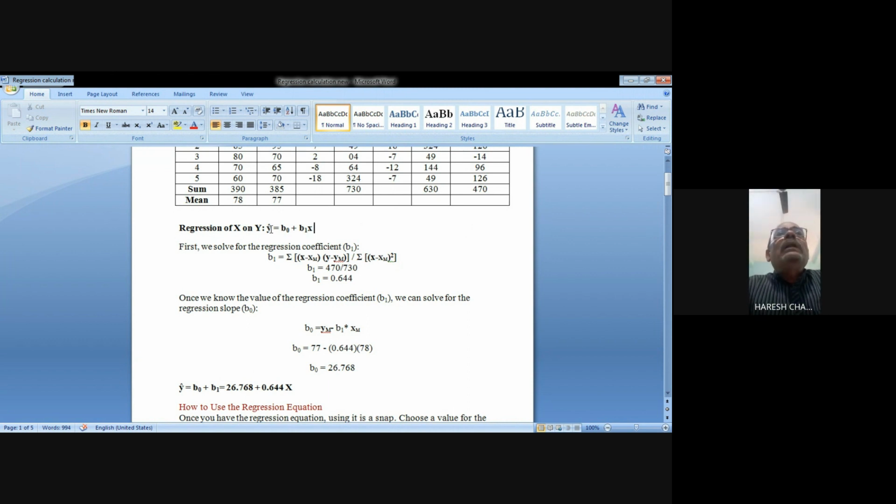The regression equation will be: y hat, meaning y to be predicted given x, and the symbol is y hat.